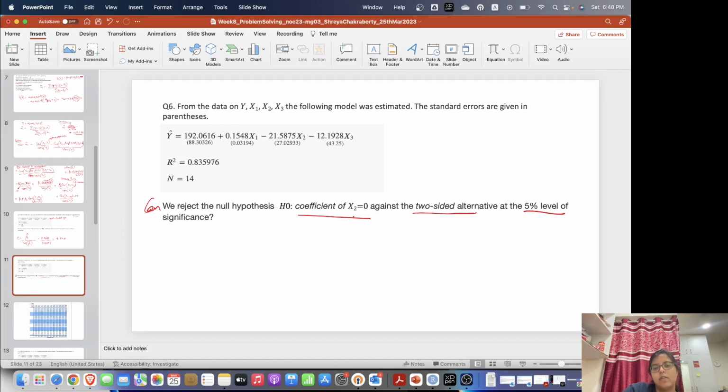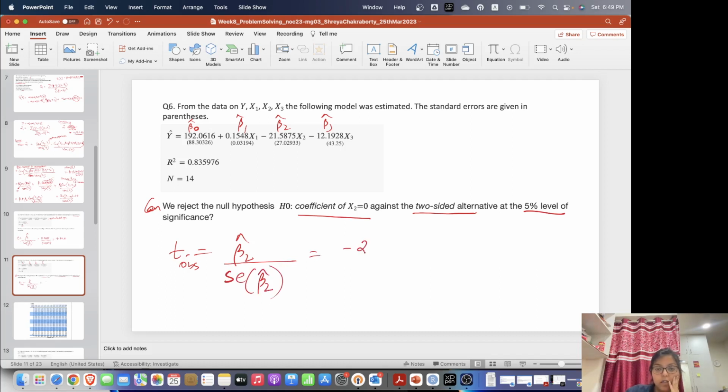So to test the coefficient of x2, that is beta 2, we have to test if it is 0 or not. This is beta 3, this is beta 1, and let's say this is beta naught hat. These are estimates, so I'll just denote them by hat. So the test statistic will be beta 2 hat divided by the standard error of beta 2 hat.